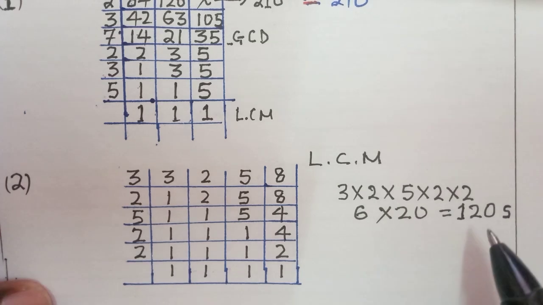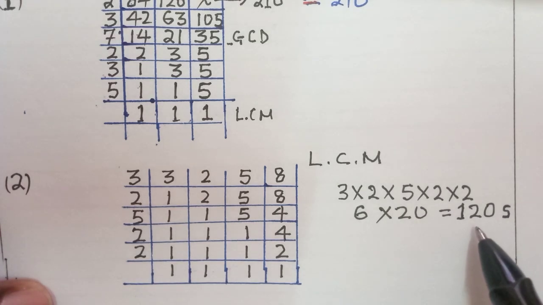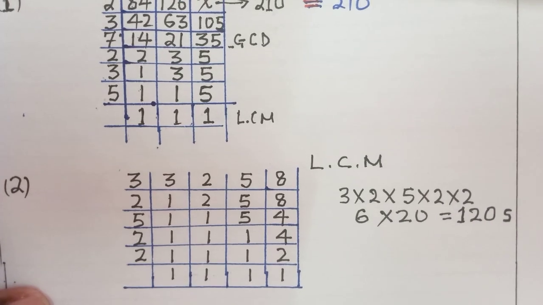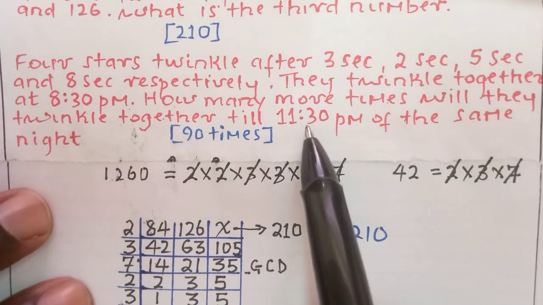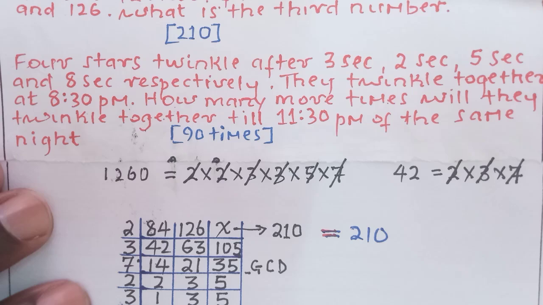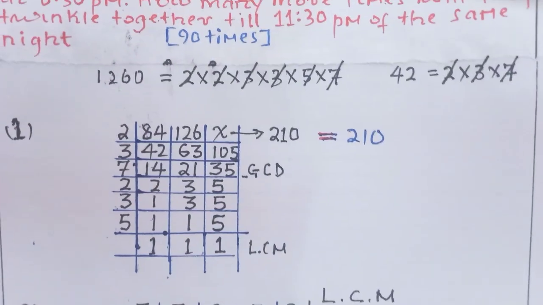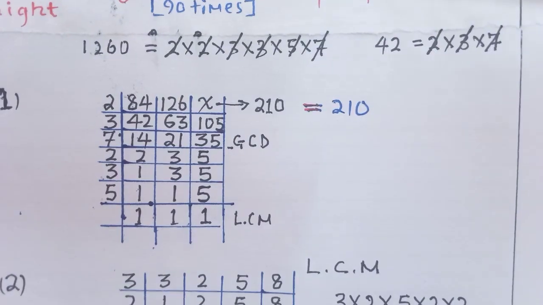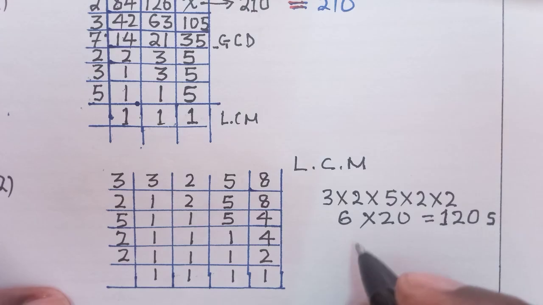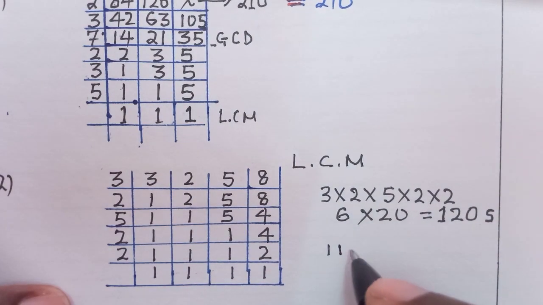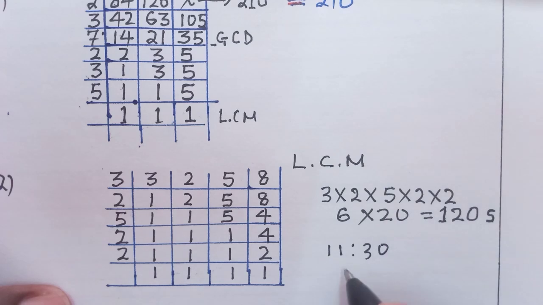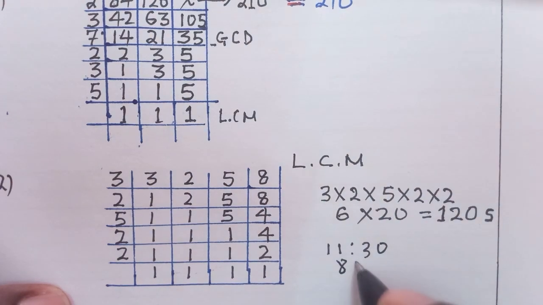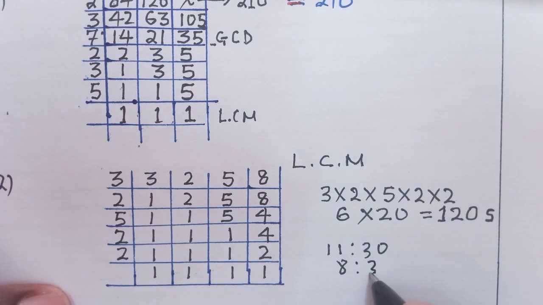So we have to look for how many 120s are there between 11:30 and 8:30. So that one, guys, we come and say 11:30 minus 8:30. Remember, it's of the same night.